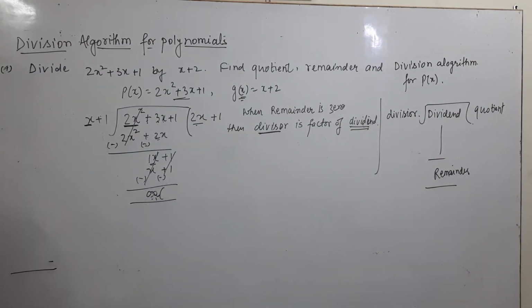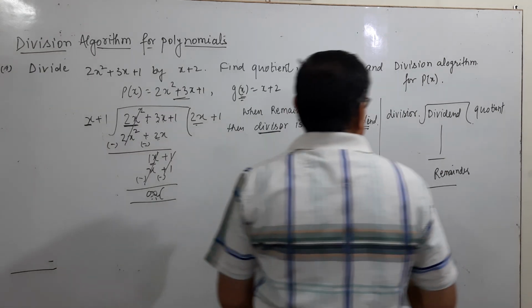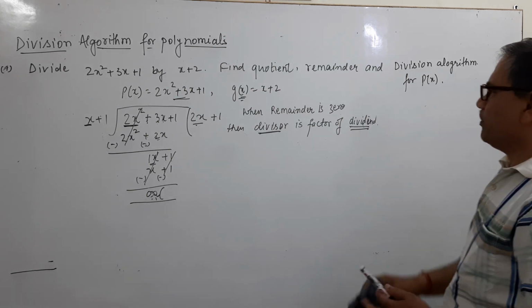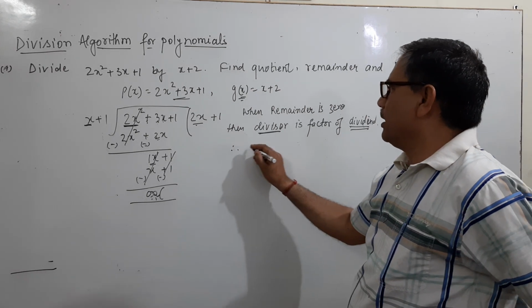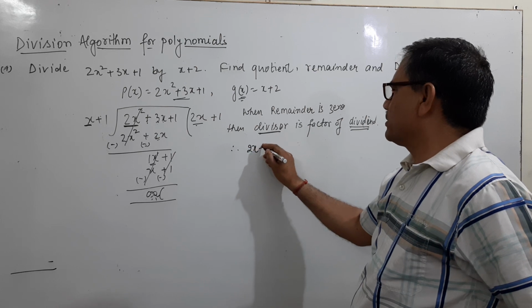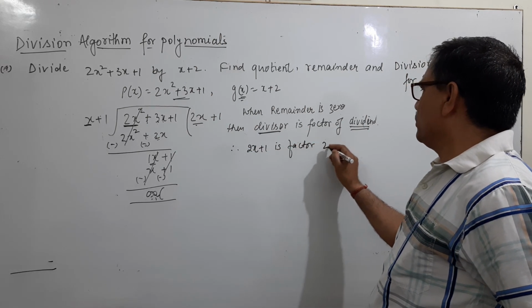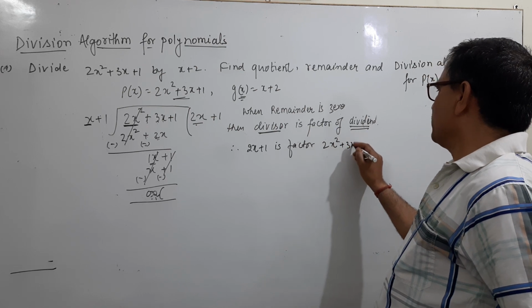Now move to the next question. It means we can say that therefore 2x plus 1 is a factor of 2x square plus 3x plus 1.